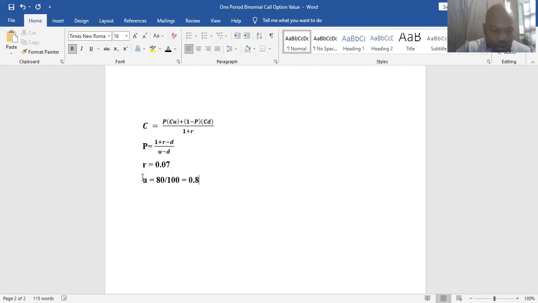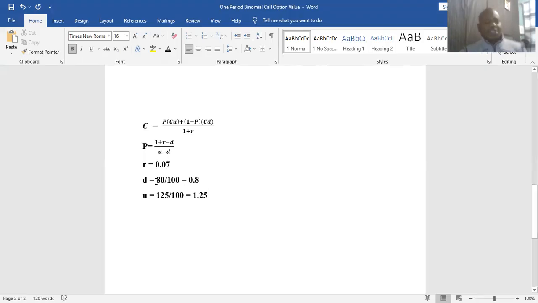Okay. This is when the stock goes down. When the stock goes up, my U will be the stock price, the upward swing is 125. And then we have 100 here. So this gives me 1.25.